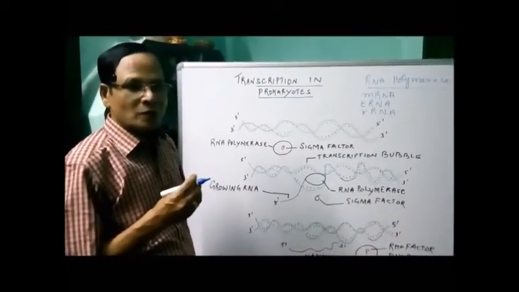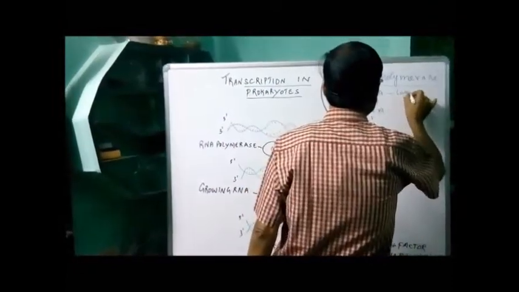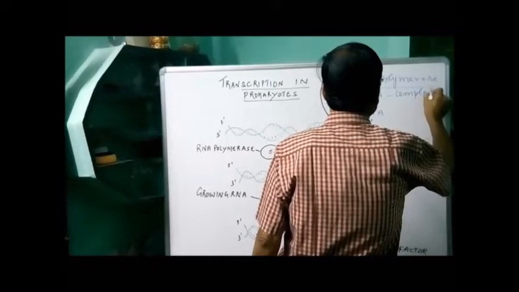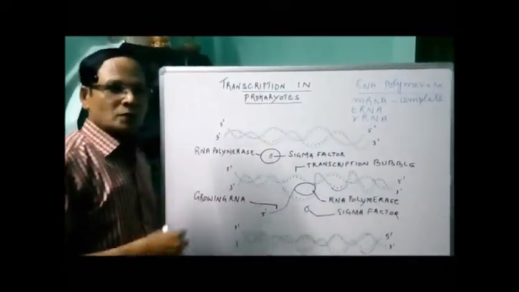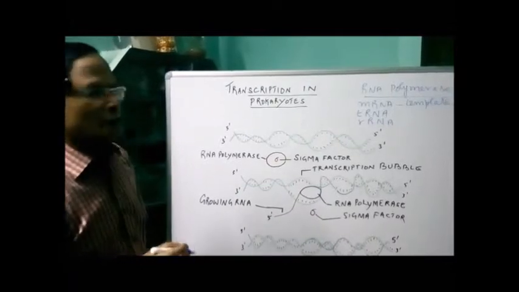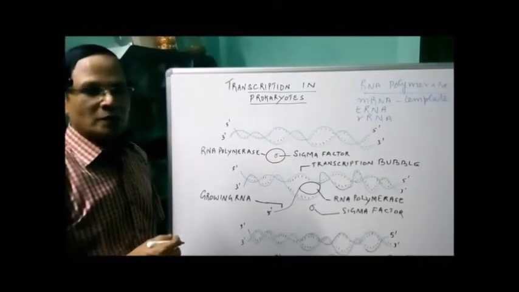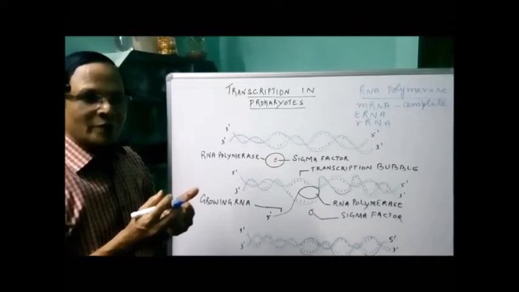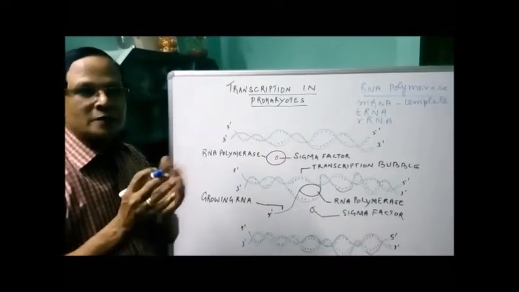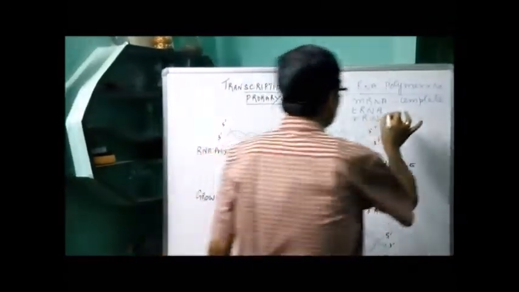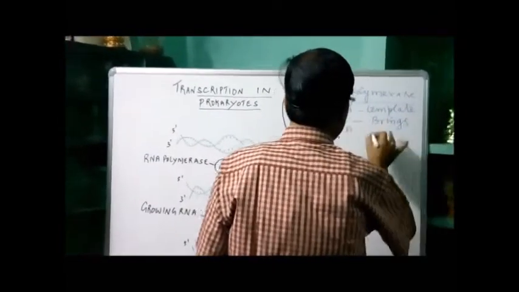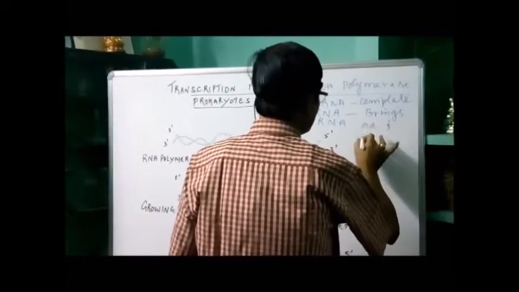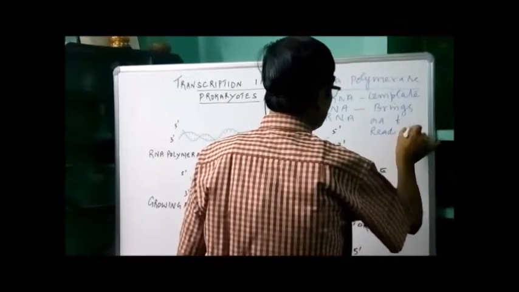Now the messenger RNA is acting as a template, a model, carrying the message from the nucleus to the ribosome. The tRNA brings amino acid and reads the genetic code during protein synthesis.